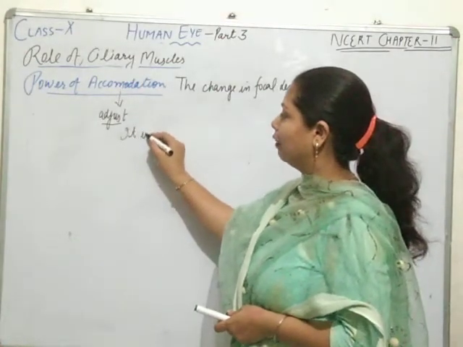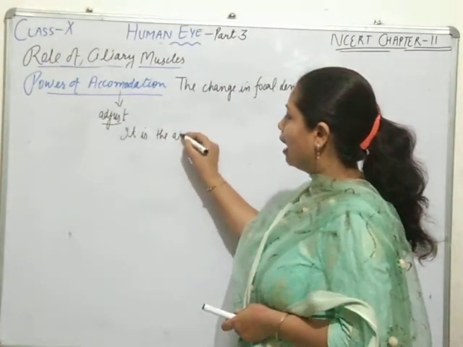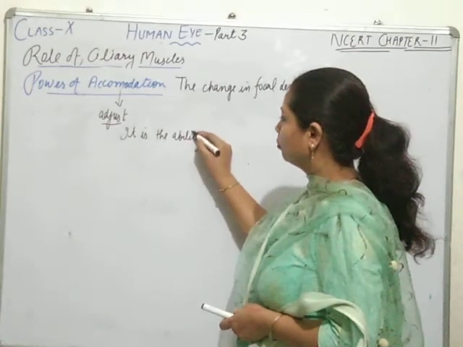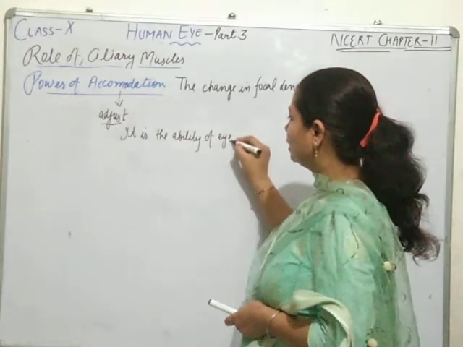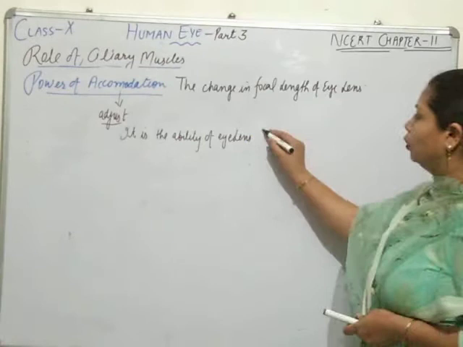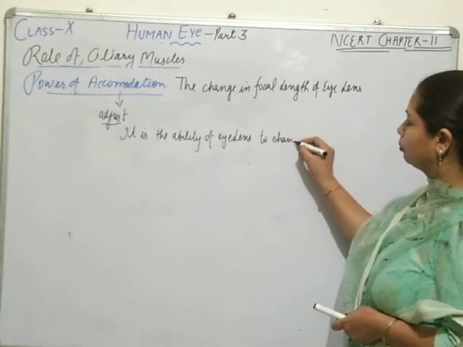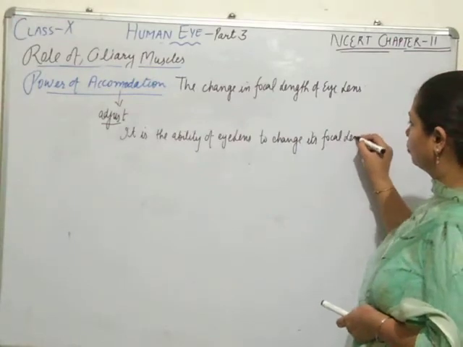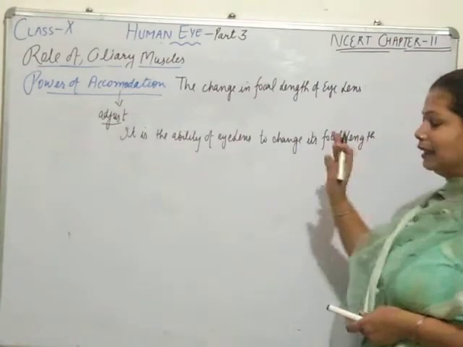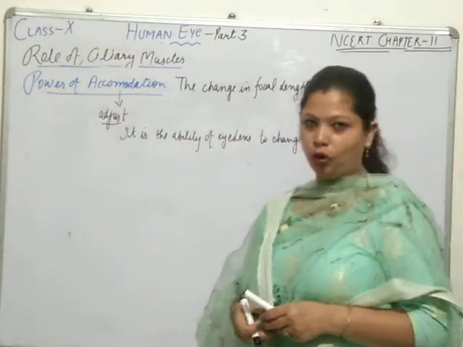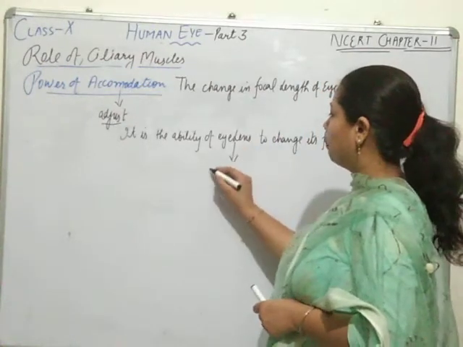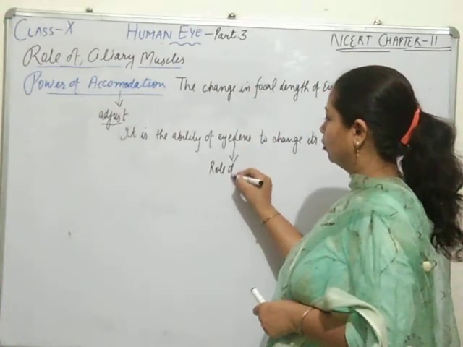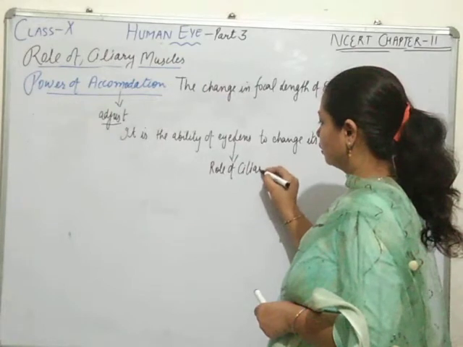It may be redefined. It is the ability of eye lens to change its focal length. And this main role I have told you that is being played by ciliary muscles.